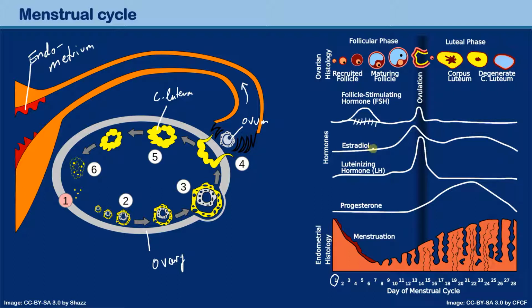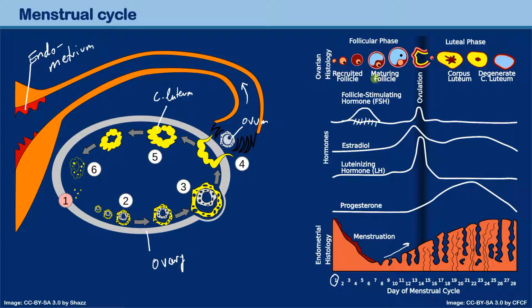And so you can see that over here the level of estrogen then also increases, and what this estrogen does is it repairs and regenerates the lining of the uterus. So you can see that the endometrium becomes thicker again. So here everything was quite thin because everything was lost over the menstrual bleeding, and now with the estrogen it's starting to increase in thickness as well.